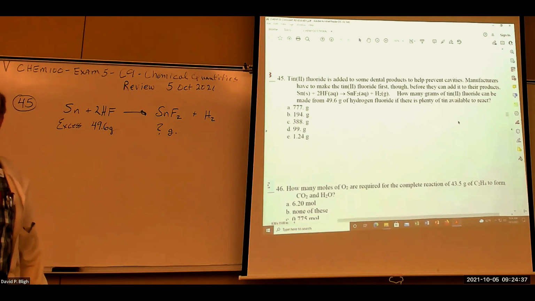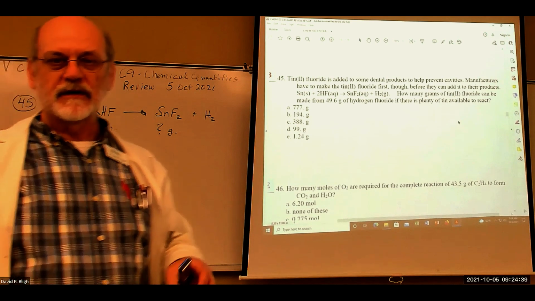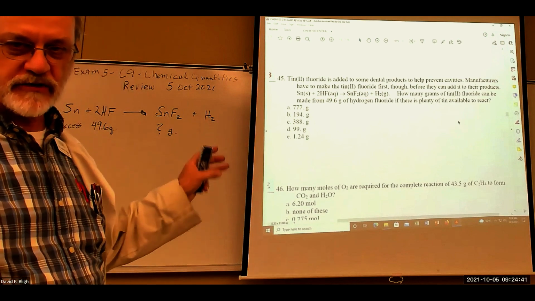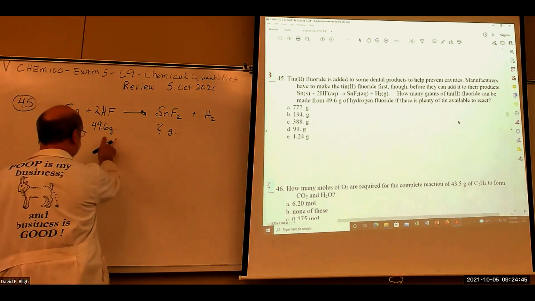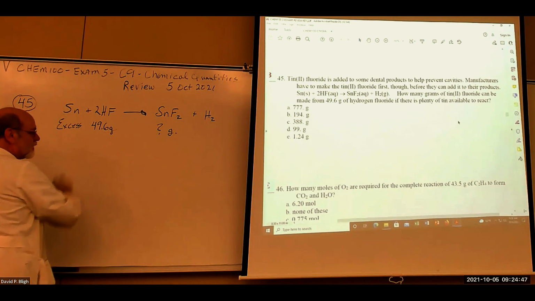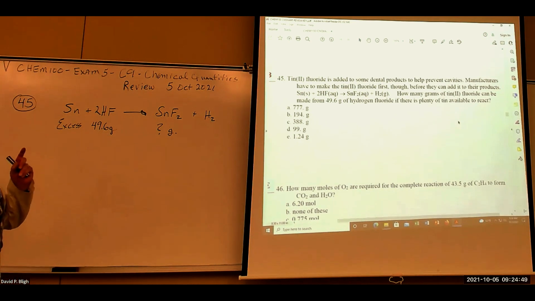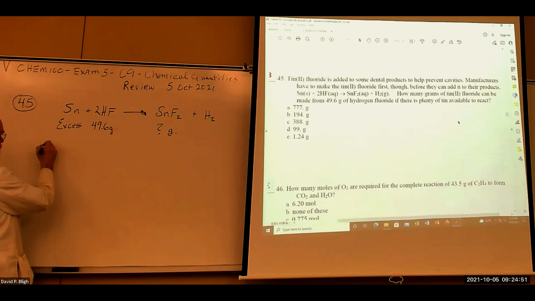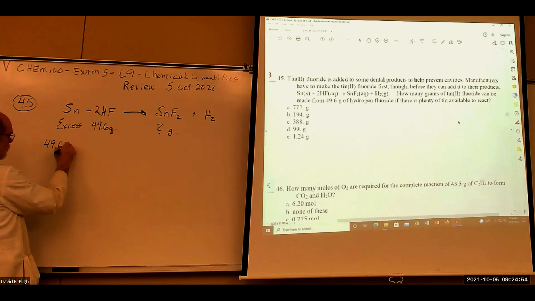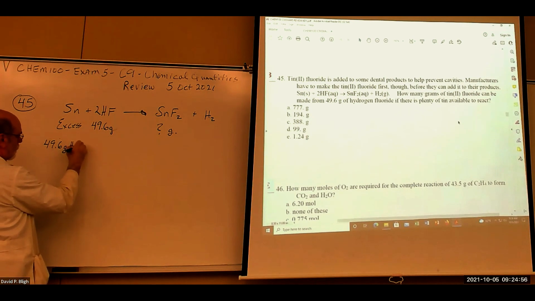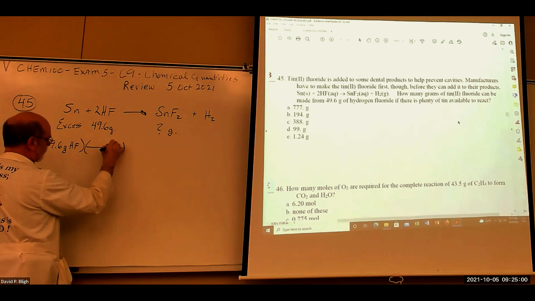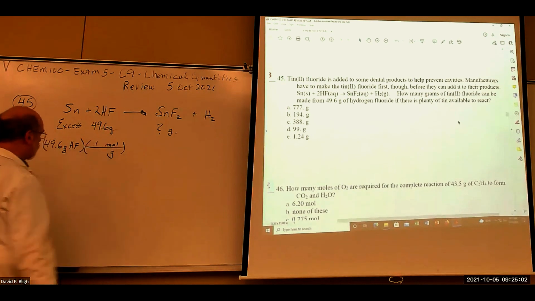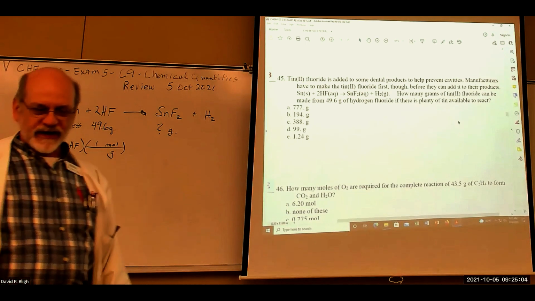Okay, now we have a balanced equation, we have information that's given, and we know the question. So in order to get from here to here, this has to be converted to moles. Okay, what's the molar mass of hydrofluoric acid?